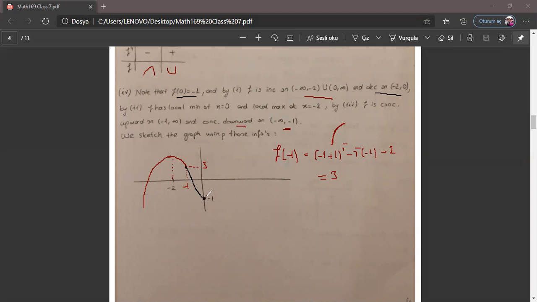So after -1, we know it's upward, so here it will be upward, and it is again increasing on this interval, so we have this. Okay, so here we have the sketch of the function.